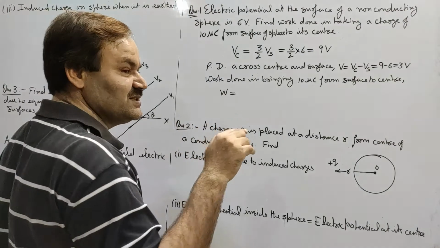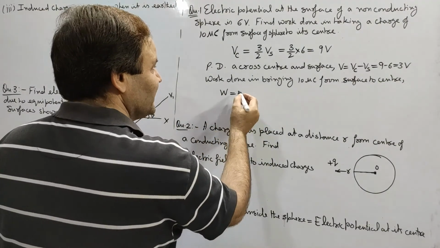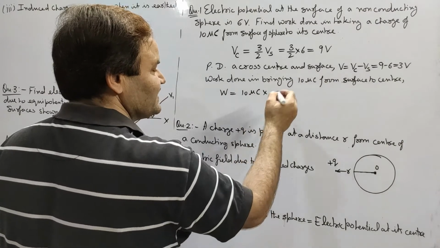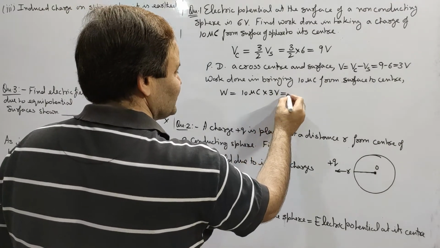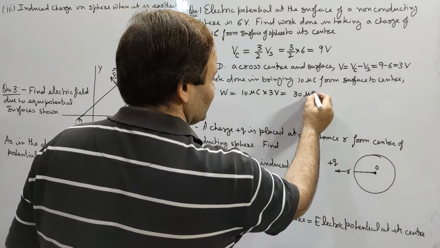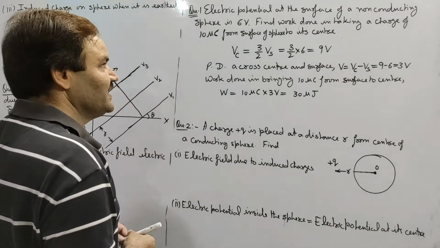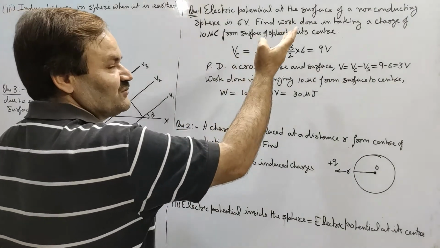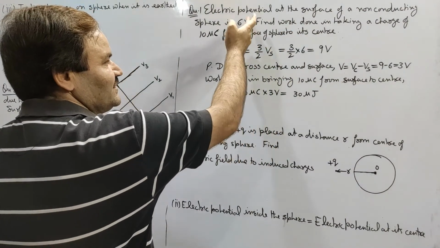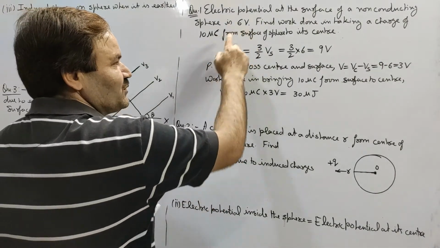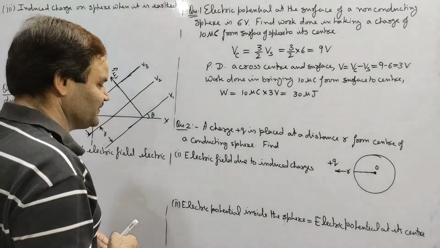So work will be charge into potential difference, and charge is 10 microcoulomb. Potential difference is 3 volt. So the work done will be 30 microjoule. So this much work will be done in taking a charge of 10 microcoulomb from the surface to the center of a non-conducting sphere having electric potential 6 volt at its surface.